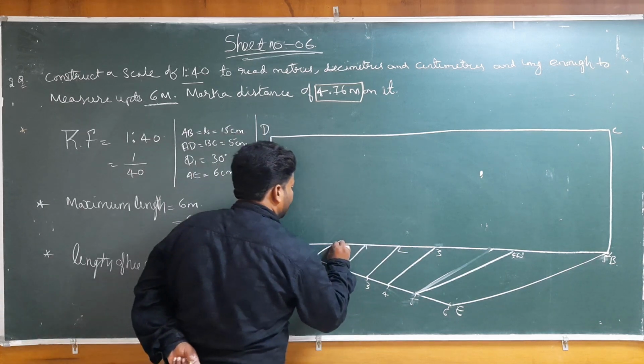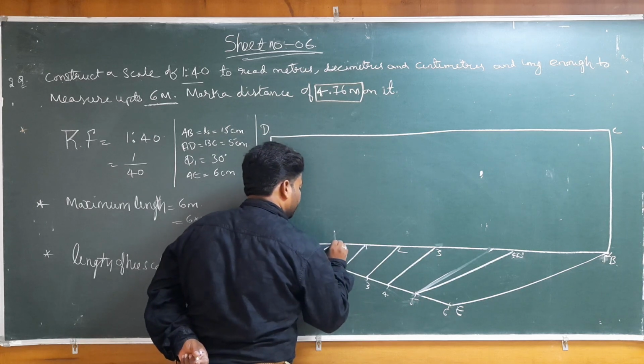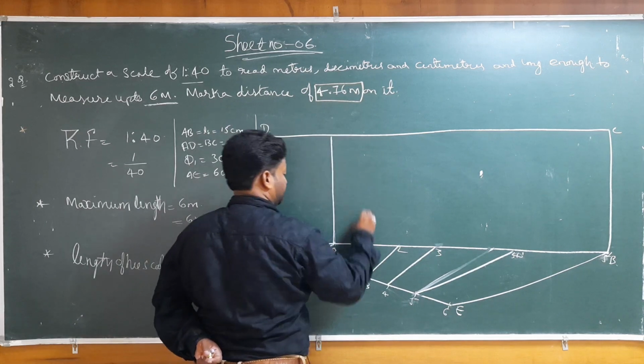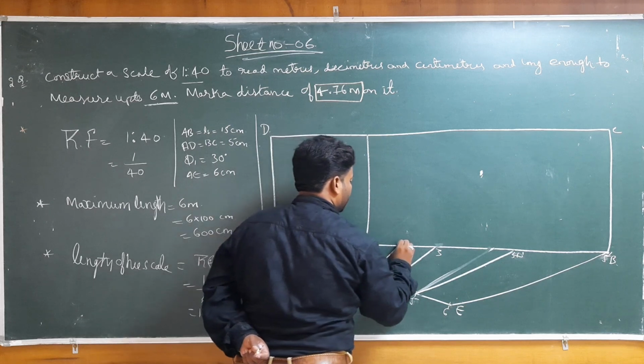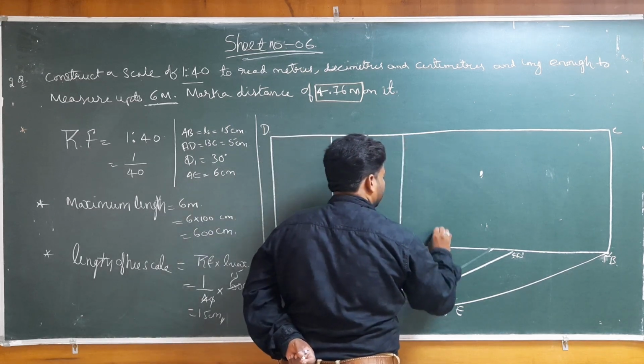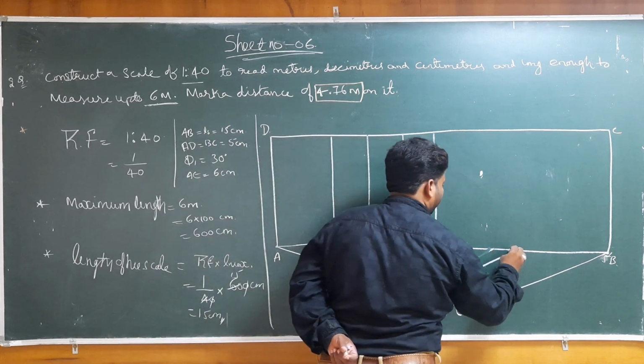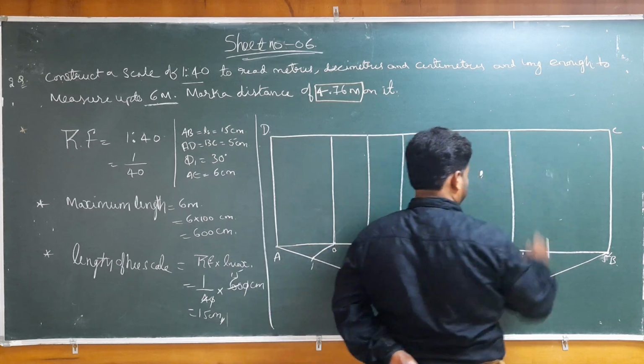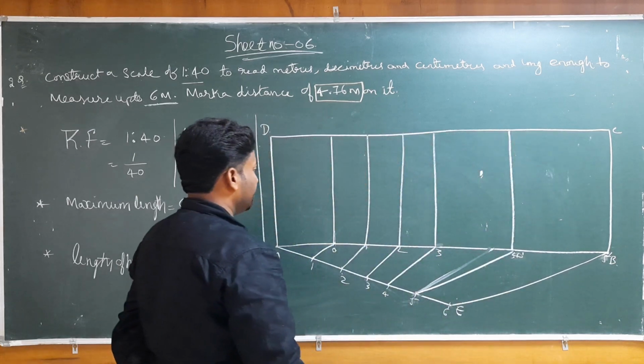Now after that, we have to draw vertical lines from the point, and this line should be parallel again. So here we are getting unequal division.